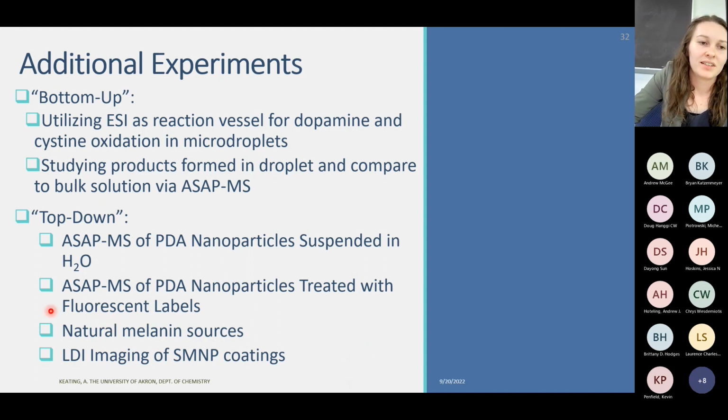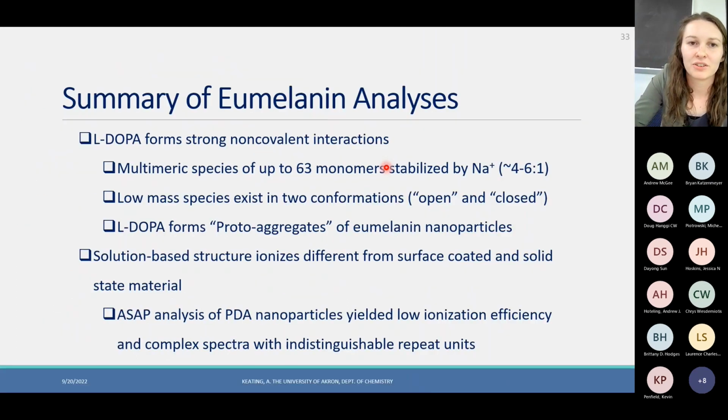All of this has been inconsistent and irreproducible, suggesting a wide variety of different structures rather than a single polymer forming. It is a very polymorphic and heterogeneous mixture of ions and species. It's a challenge, but it's interesting from an analytical chemistry standpoint.